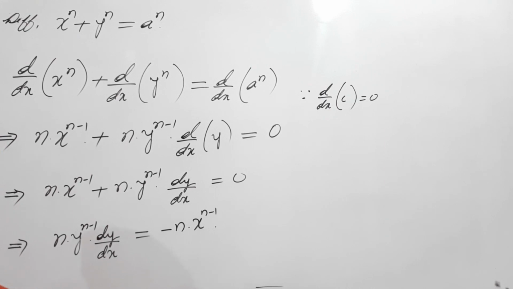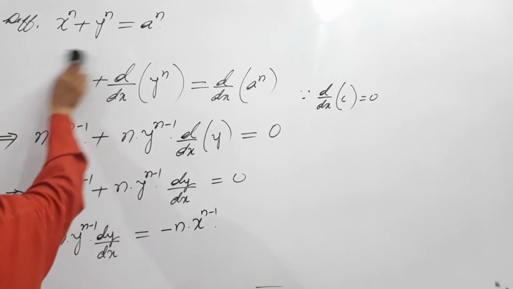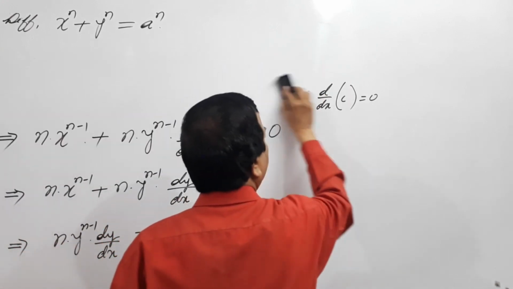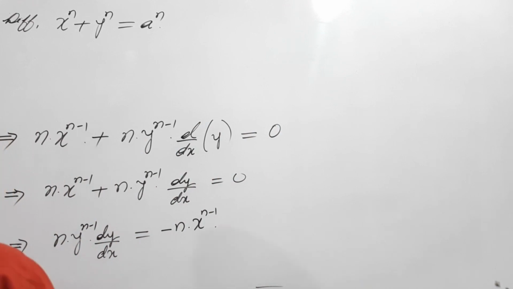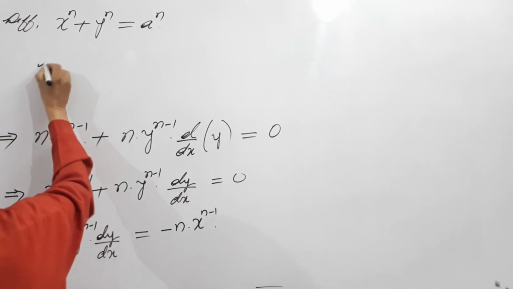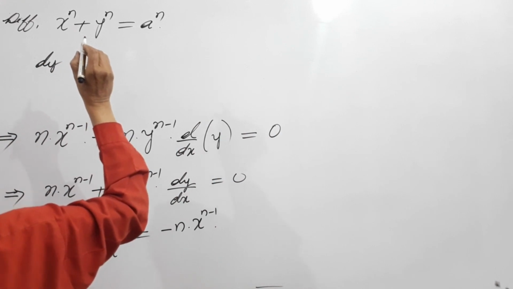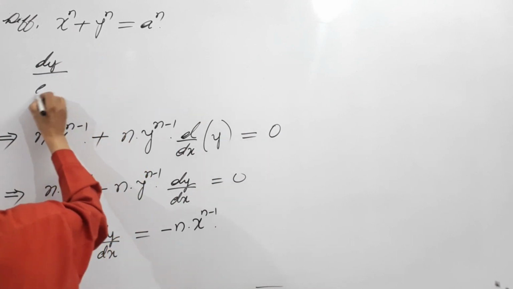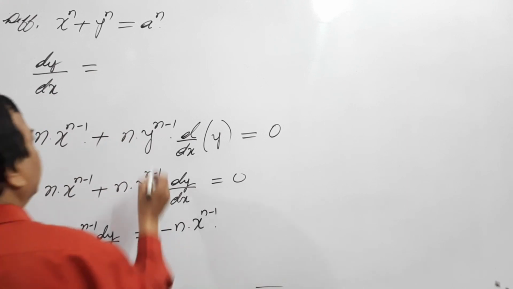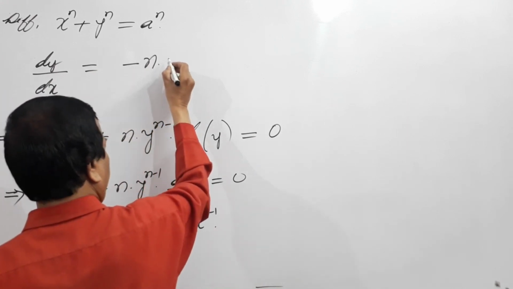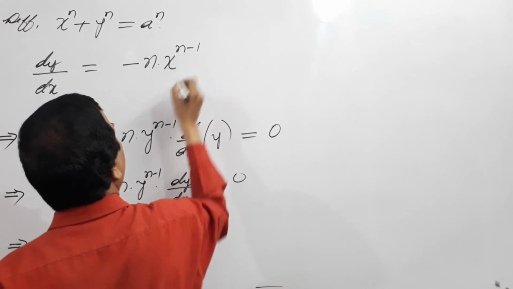So what happens here? dy by dx, is it visible? No, it is not visible. So I'll rub this. So what happens here? dy by dx equals, on the right hand side we have n into x to the power of n minus 1.